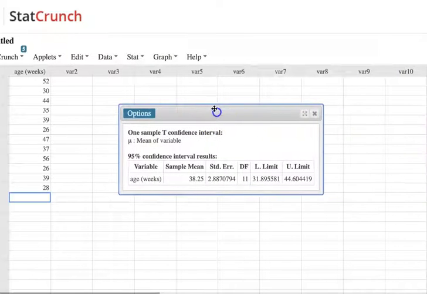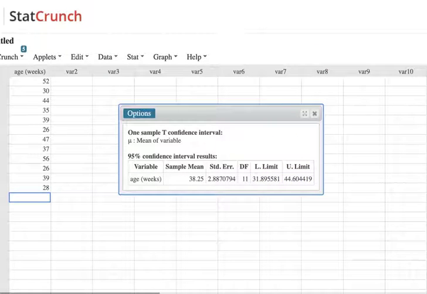So here is my confidence interval. Notice that it also gives me my sample mean in there. So if it were to ask that, we could come up with it. So here's my lower limit. In this case, the original data is 2 whole numbers, so I would round to 1 decimal place. So 31.9, and then this would be 44.6.